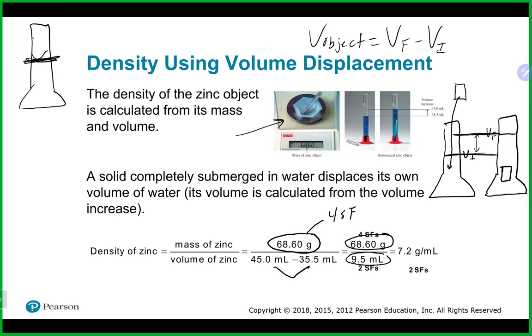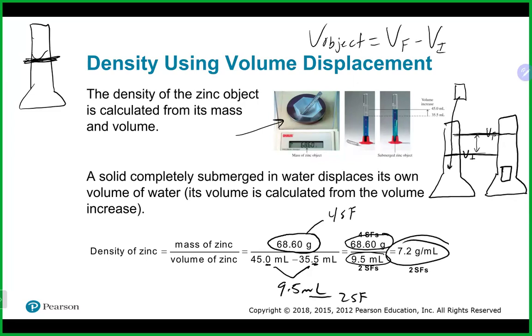Here we're subtracting, which means we're looking at decimal places, right? And we should go to 1 decimal place. And in that case, as you can see there, you get 9.5 milliliters. Although that has 1 decimal place, how many significant figures does it have? It has 2 significant figures, right? And that is why our answer will end up with 2 significant figures.